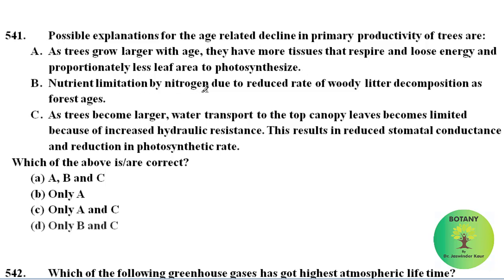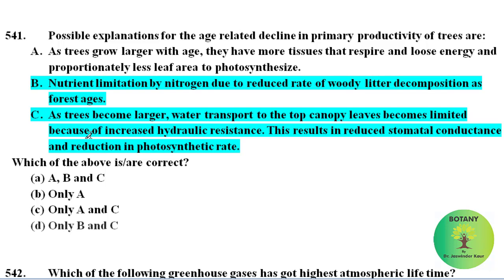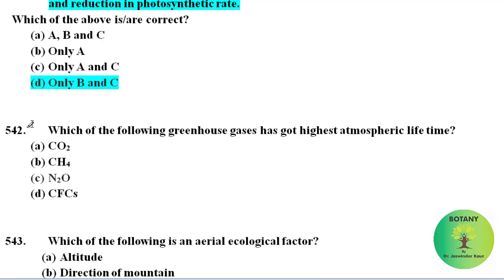Nutrient limitation by nitrogen due to reduced rate of woody litter decomposition as forest ages. This is correct. As trees become larger, water transport to the top canopy leaves become limited because of increased hydraulic resistance. This results in reduced stomatal conductance and reduction in photosynthetic rate. This is also the correct statement. So among these, only statement B and C are correct. A is incorrect statement.